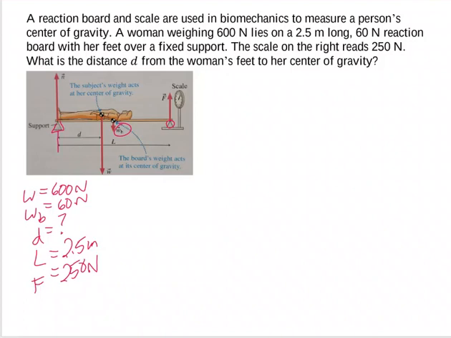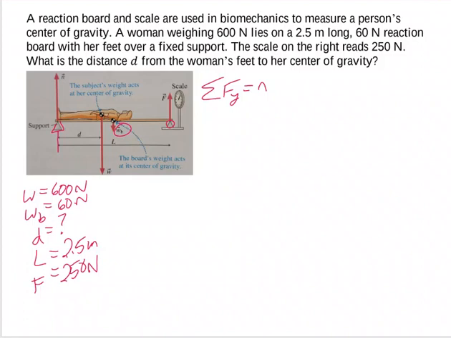The picture was already really good. We're ready to go. What do we do? Sum of the forces in the y direction. What do we have? Just reading from left to right in the picture, we have the normal force up.